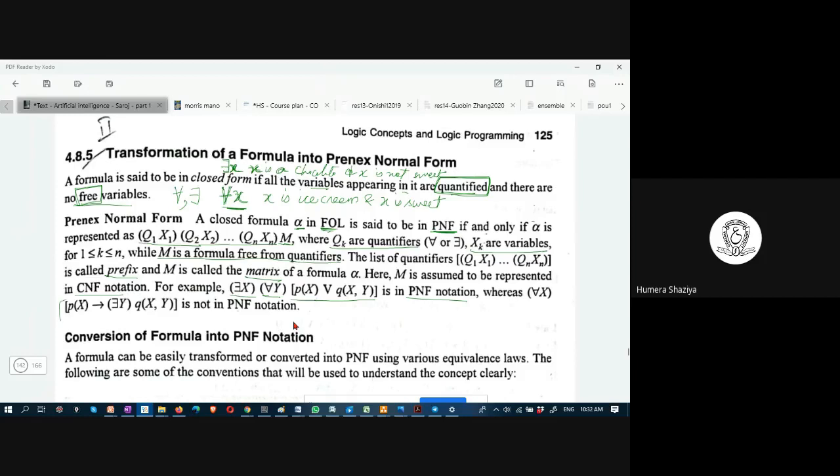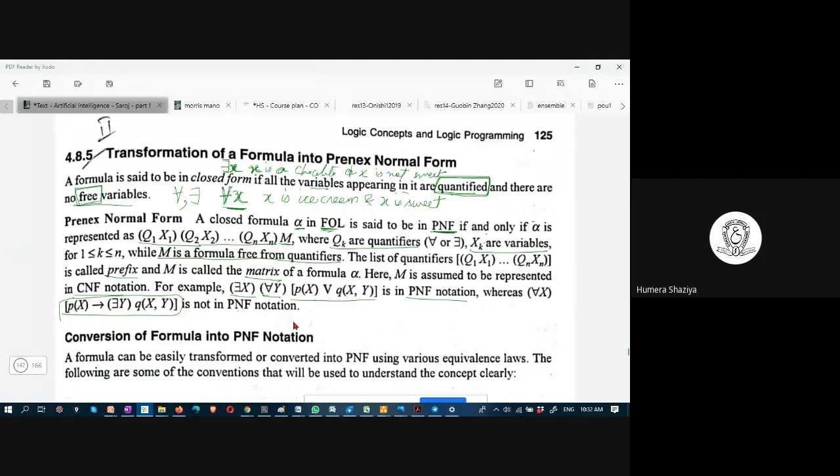This example has P of x implies there exists y, Q of x comma y. Is this in PNF form? Well, this is not in PNF form. Why? Because it is not satisfying the criteria.